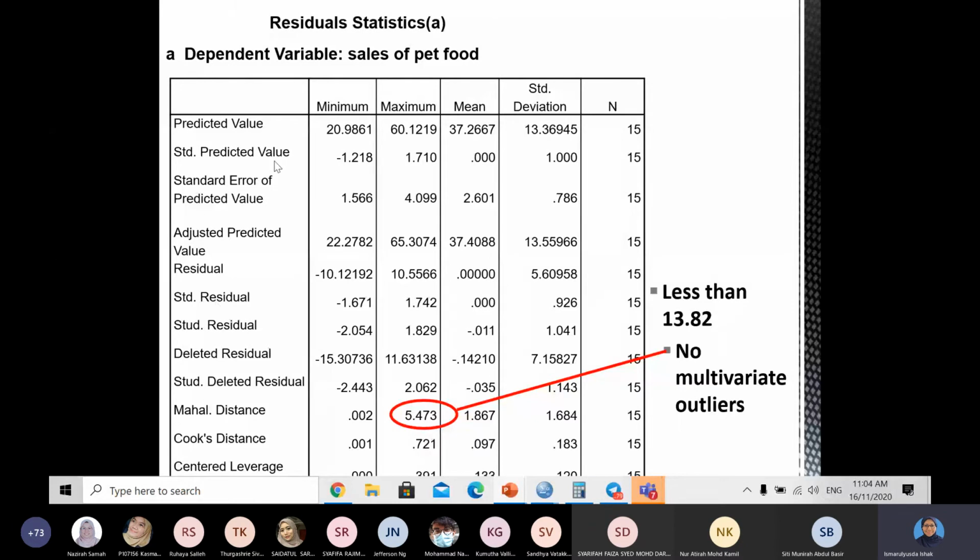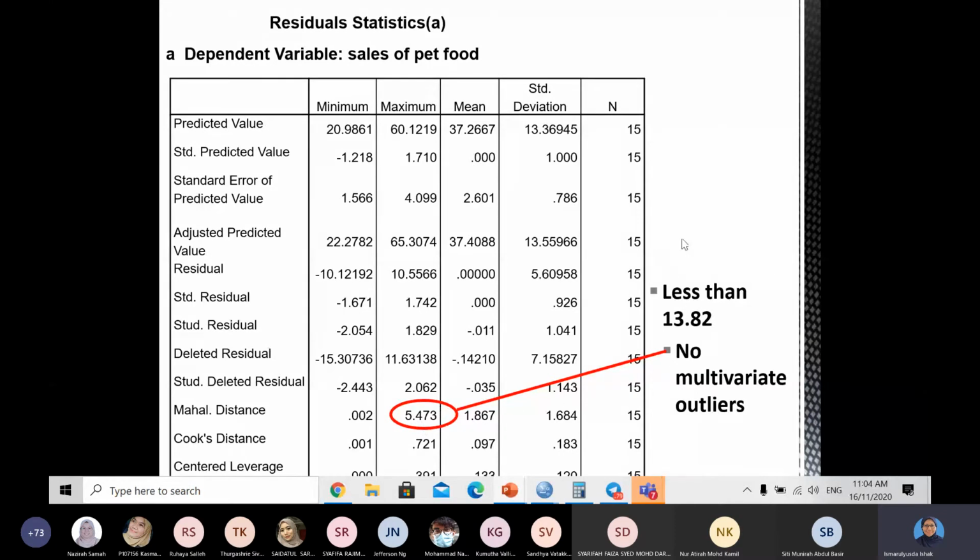Look at Mahal. In Malaysia, mahal means expensive, but this is the short form of Mahalanobis distance. Look at the minimum and the maximum. The maximum is 5.47.